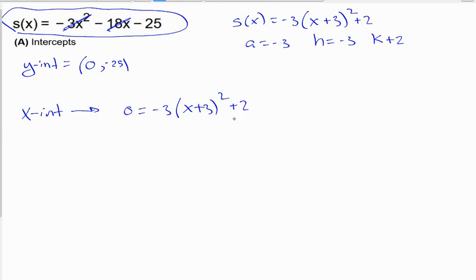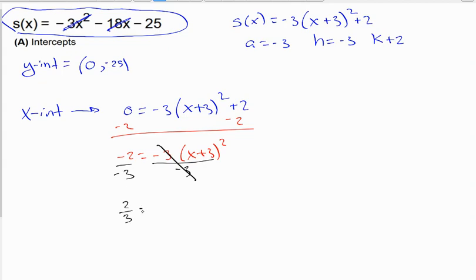We can begin by subtracting 2 from both sides. And then we would like to divide both sides by -3. A negative divided by a negative gives us a +2/3 equals x plus 3 in parentheses squared. Now we would like to get rid of the exponent, so we take the square root of both sides.